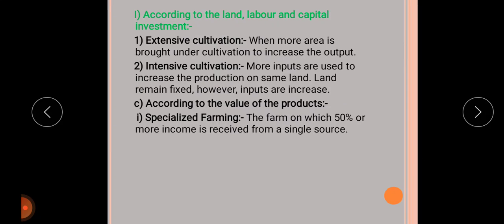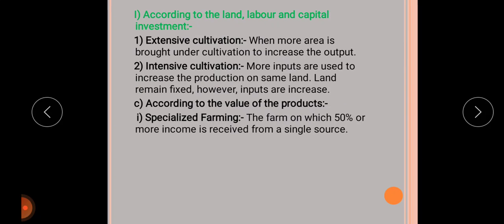Land remains fixed, however inputs are increased. These are two distinct subtypes, extensive farming and intensive farming, on the basis of the utilization of inputs.